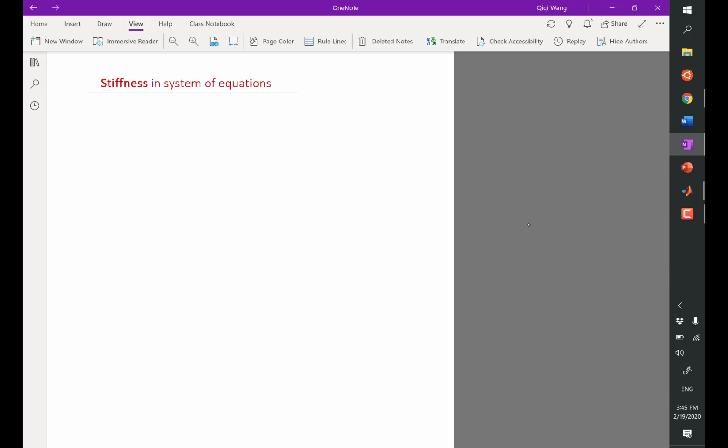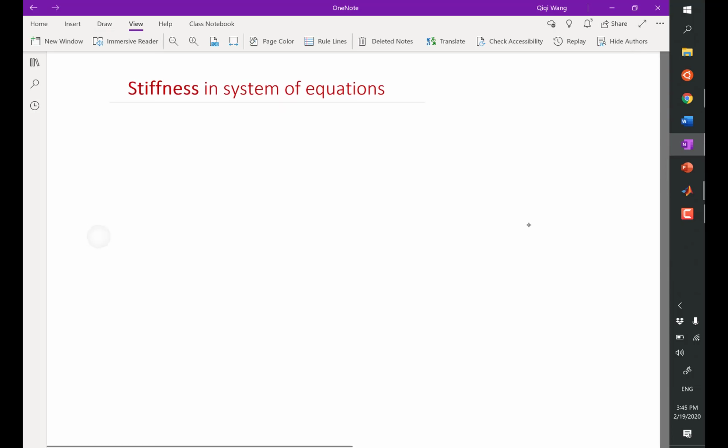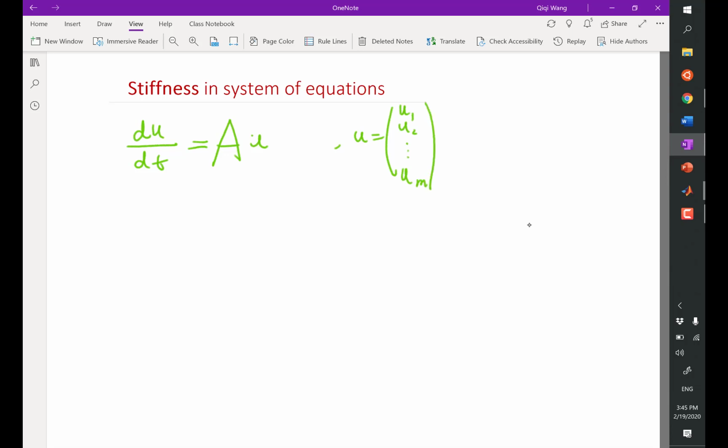So stiffness is when we have a system of equations, when we have du dt not equal to lambda times u, but a matrix A times u, and our u is a vector u1, u2, etc. up to u, let's say m. Okay, we have a system of m equations. They are coupled with a matrix or even some nonlinear systems.